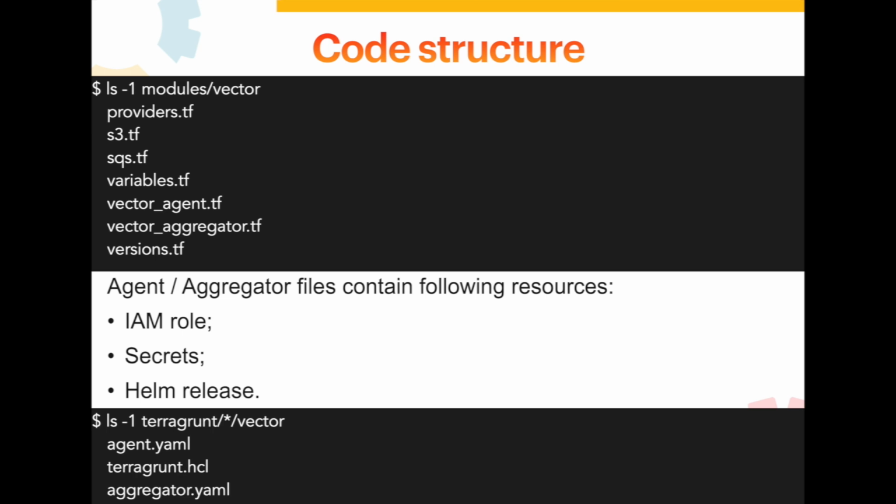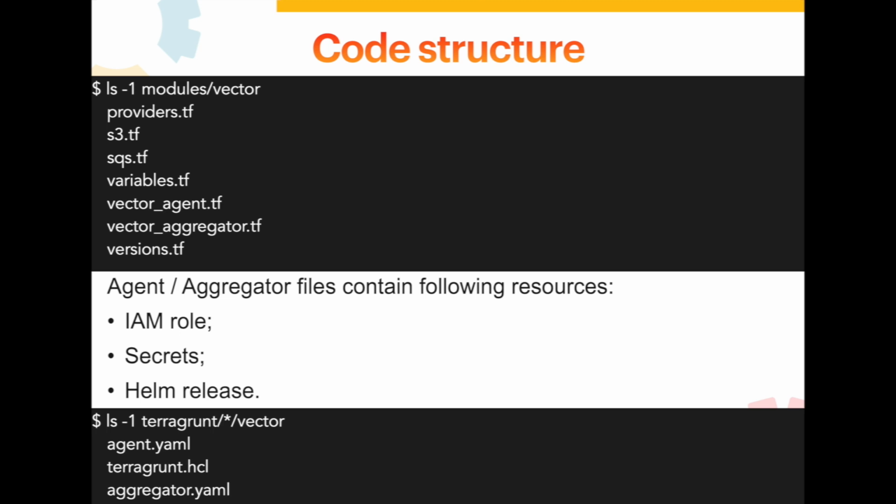Here's our code structure. I've left out the Elasticsearch configuration, it is a simple declaration. Here we can see the module. Of course, we are implementing our project in Terragrunt, but a Terraform module is present. Here we're declaring S3 and SQS for our setup. And the Vector agent and the Vector aggregator contain some basic configuration for the Helm chart.